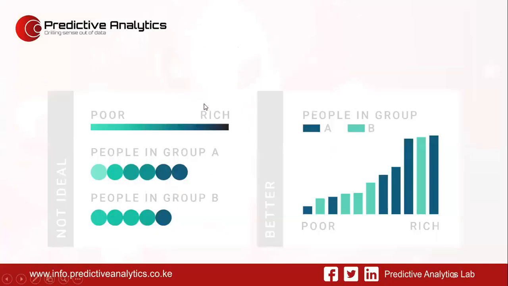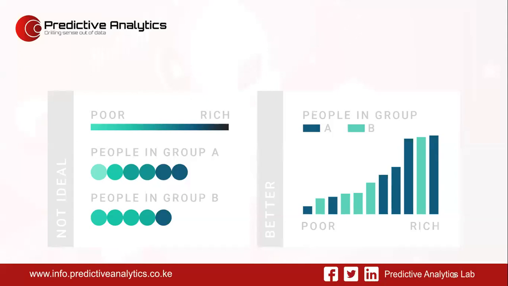So as an example of what is not ideal when you're using colors, on the left side of the screen you can see the poor use of colors and the better option. In the first example, this is essentially a scatter plot. But if you look at the color used on the left side, we have people in group A with a color coding, with the darker one being rich and the lighter one being poor, and you're not able to decipher what it tries to mean in terms of the difference in quantity.